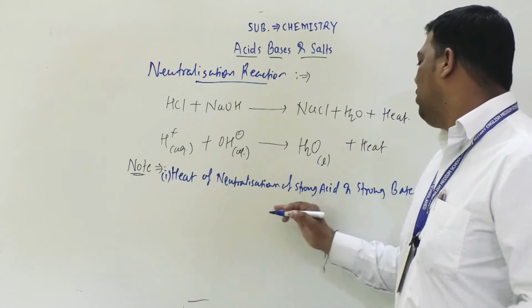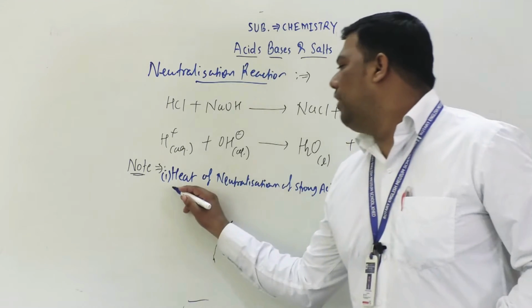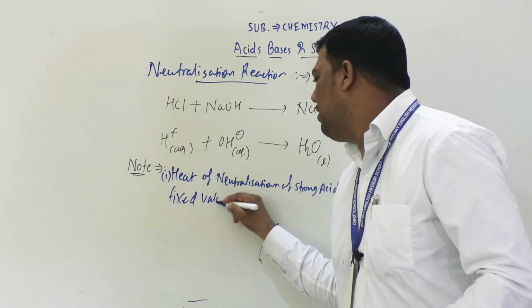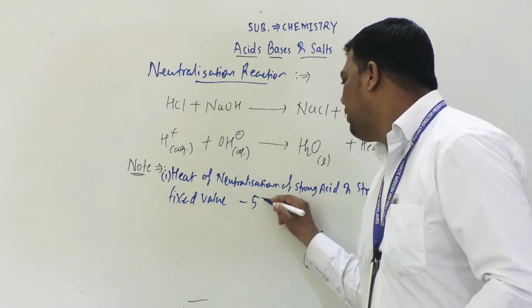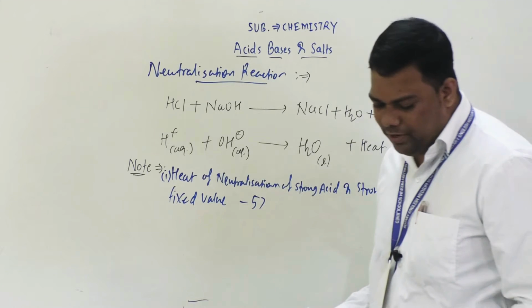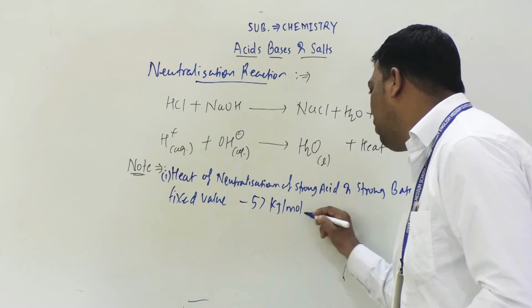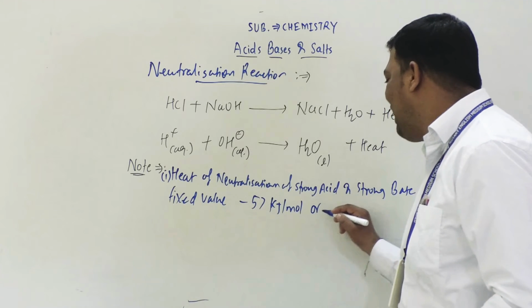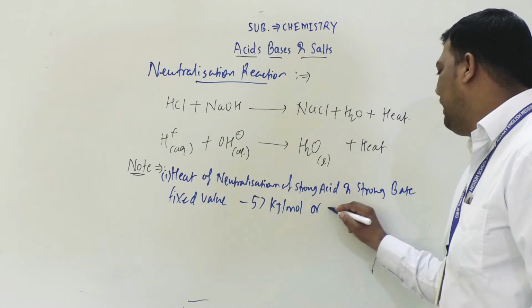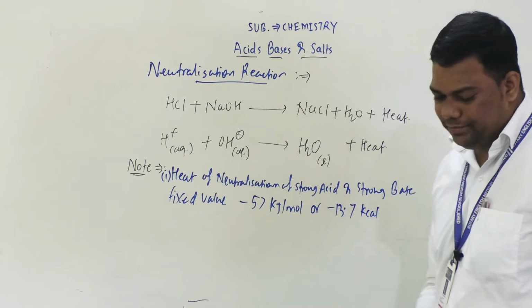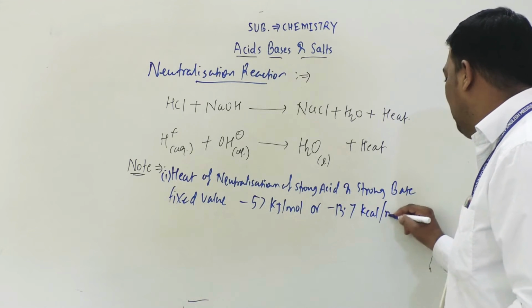So see here, the heat of neutralization of a strong acid and a strong base has a fixed value: minus 57 kilojoule per mole, or in kilocalorie we can write minus 13.7 kilocalorie per mole.